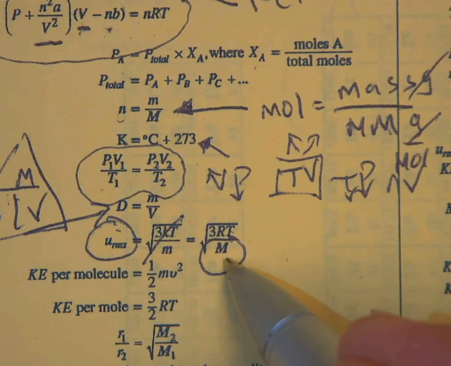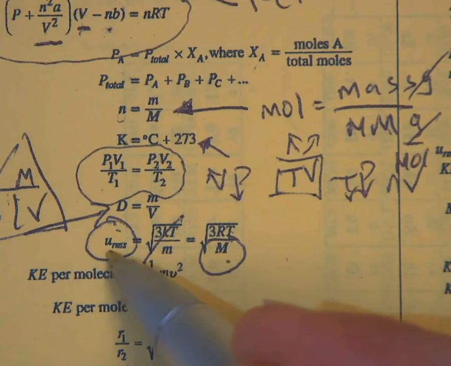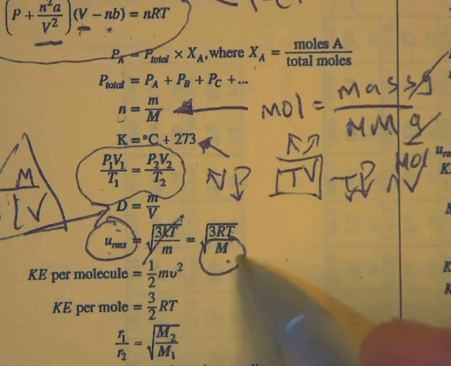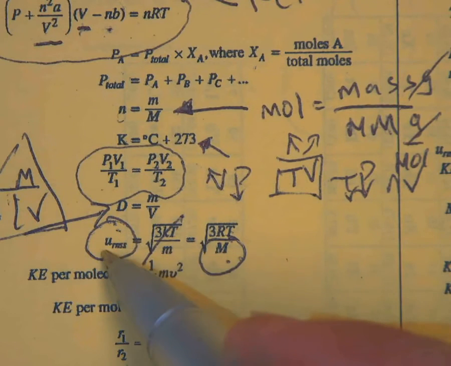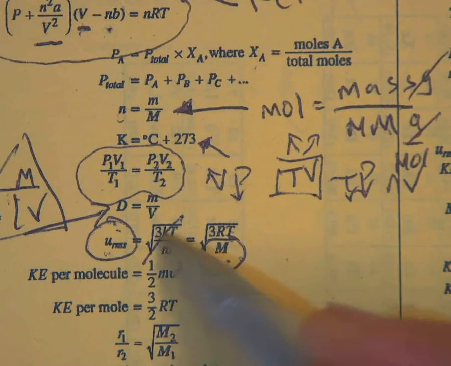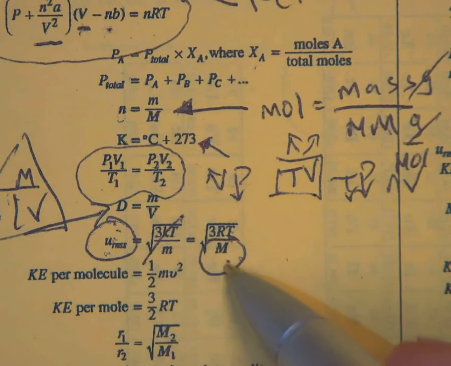Because you can see capital M down here stands for molar mass. This stands for speed. So the bigger the particle, the slower the speed. See how they're inversely related to each other? Or you could say the faster the speed, the smaller the particle, as long as the temperature remains the same for those samples of gas.